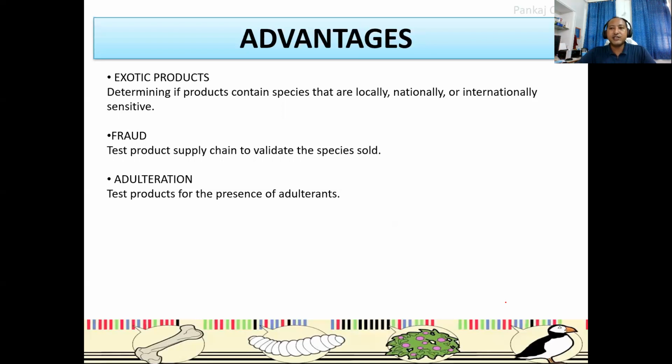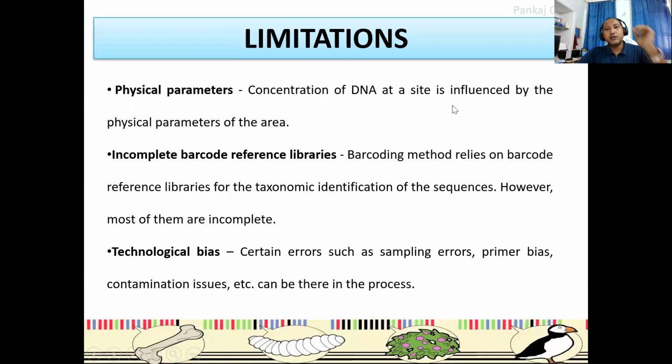So adulteration can be checked. Similarly, turmeric, whether some other plants are mixed with turmeric, can also be identified. In this way, we can explain the advantages of DNA barcoding.